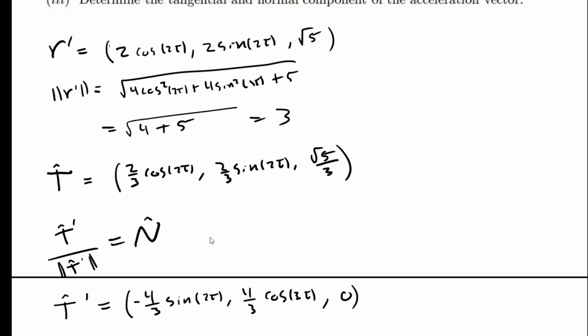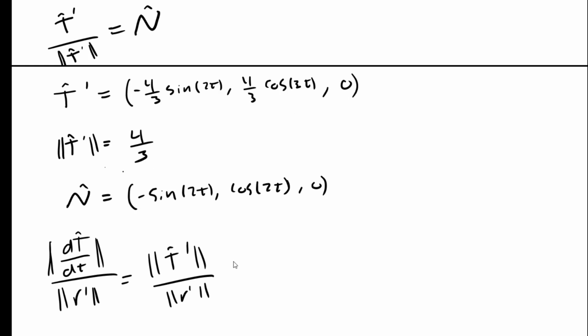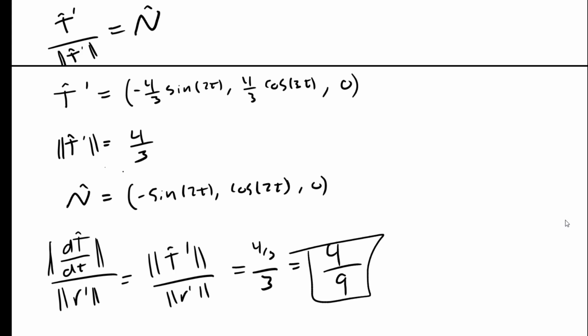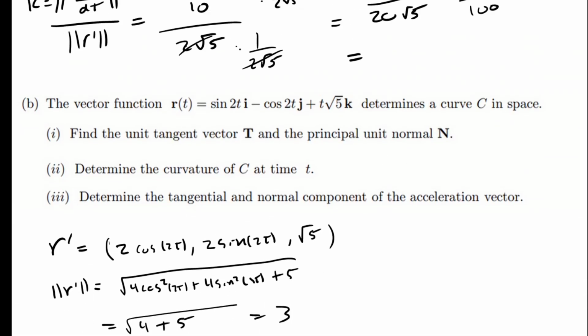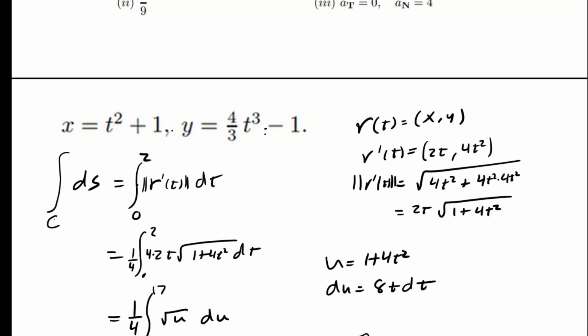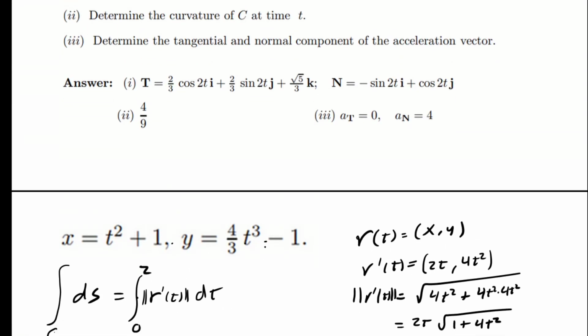R prime we saw was 3, and the norm of T prime we computed right here. That's 4/3, which is 4 over 9. Is that right? I didn't copy the answers. 4 over 9, yeah.